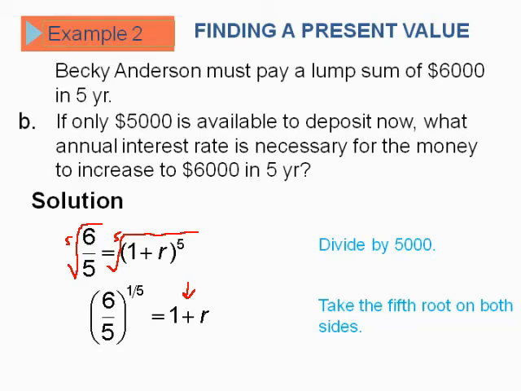Now, here's how you could do this using your exponents. Here's how I would enter this. Parentheses 6 divided by 5, close parentheses, raised to the parentheses 1 divided by 5 power, close parentheses. Or you might have a fractional key on your calculator that will do it.